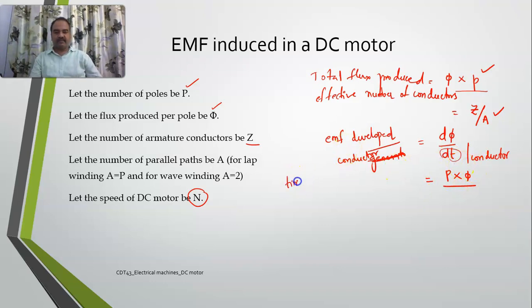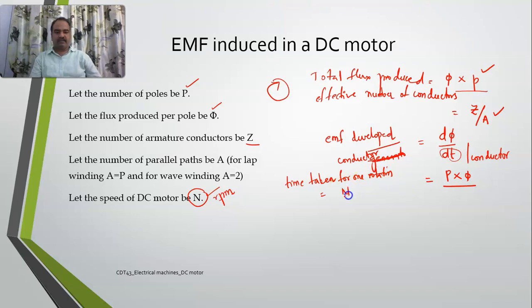Your time taken is equal to, this is your time taken for one rotation. If you take one complete rotation, what is the time taken? See, N is in RPM, rotations per minute. What I need is nothing but rotations per one second.